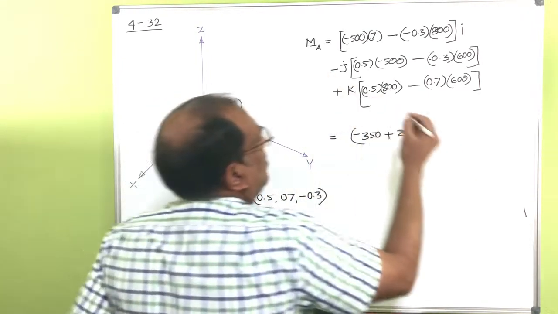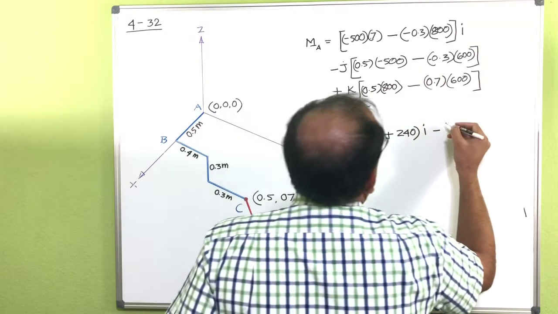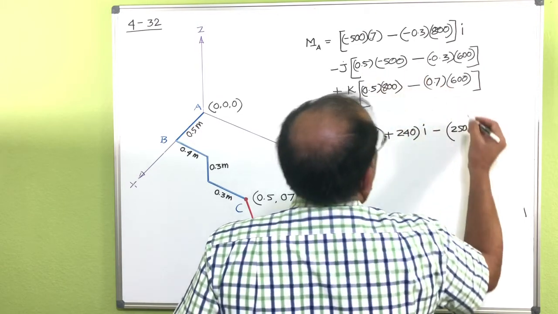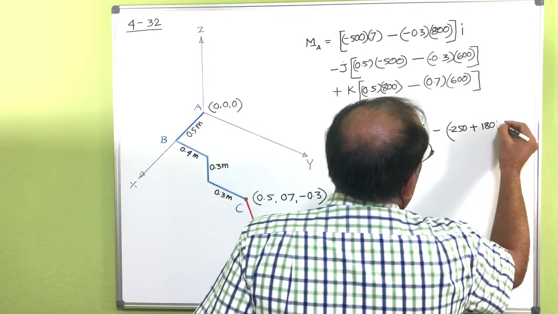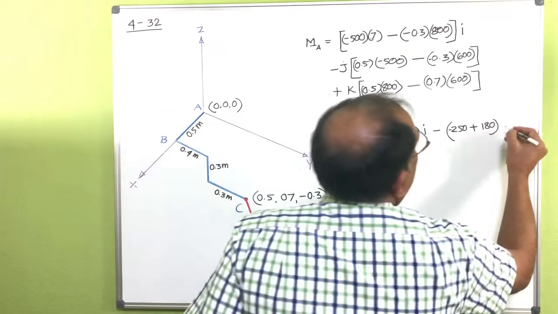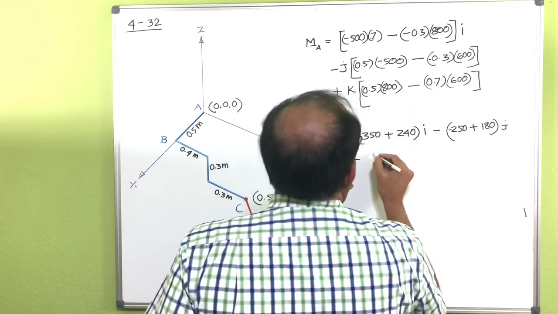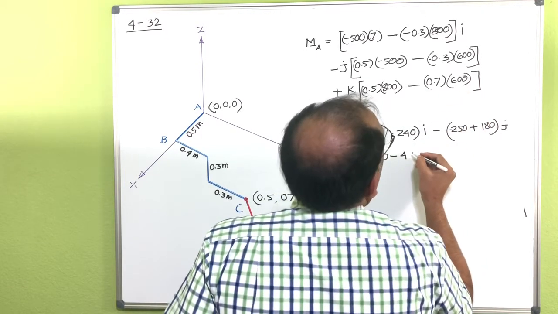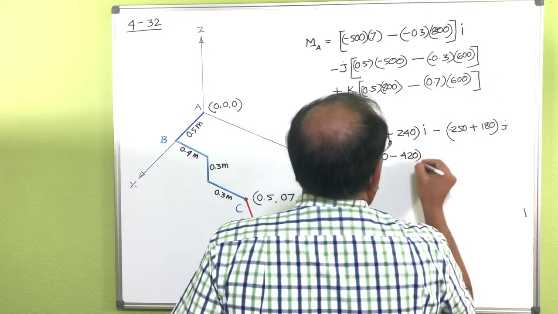And then you can see here minus, this is negative and this is positive, so negative 250 plus 180 j, plus 400 minus 420 k.